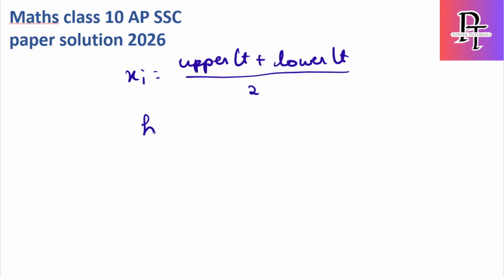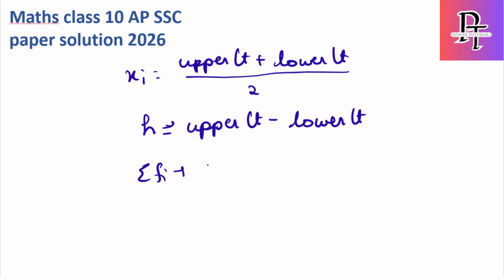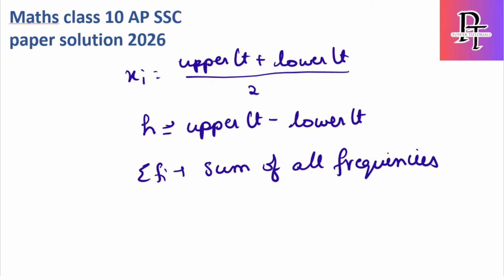Okay, what about h? Upper limit minus lower limit. And sigma fi is sum of all frequencies. Okay, so not only you have to write the formula, you also need to mention each and every term. So let's write each and everything.